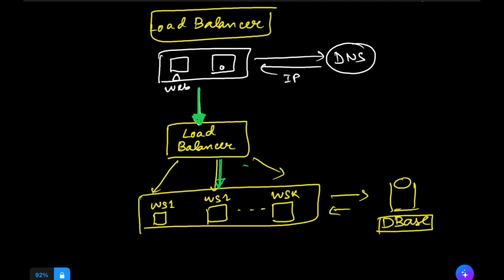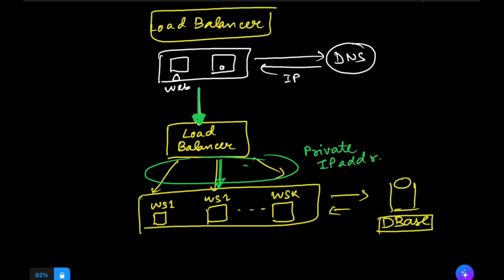A private IP address is an IP address reachable only between servers in the same network. However, it is unreachable over the internet. So the load balancer and all the web servers know each other's IP addresses and can communicate with each other, but an outsider who is not within that same network cannot connect with that web server.